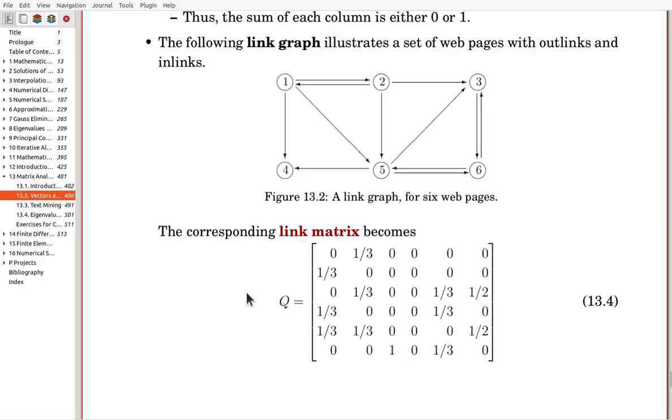In this way, we try to formulate the link matrix. There's a link graph, and the corresponding link matrix becomes this one. So if there are n websites, then the link matrix must be n by n. Over the world, currently there are more than 100 billion, I guess trillion websites, so the Google matrix has dimension of a trillion. So it's really a big matrix.